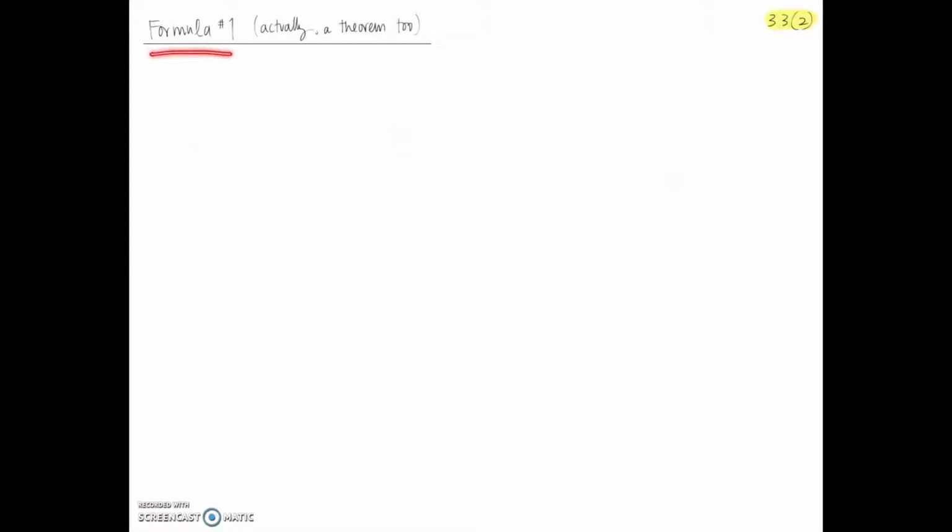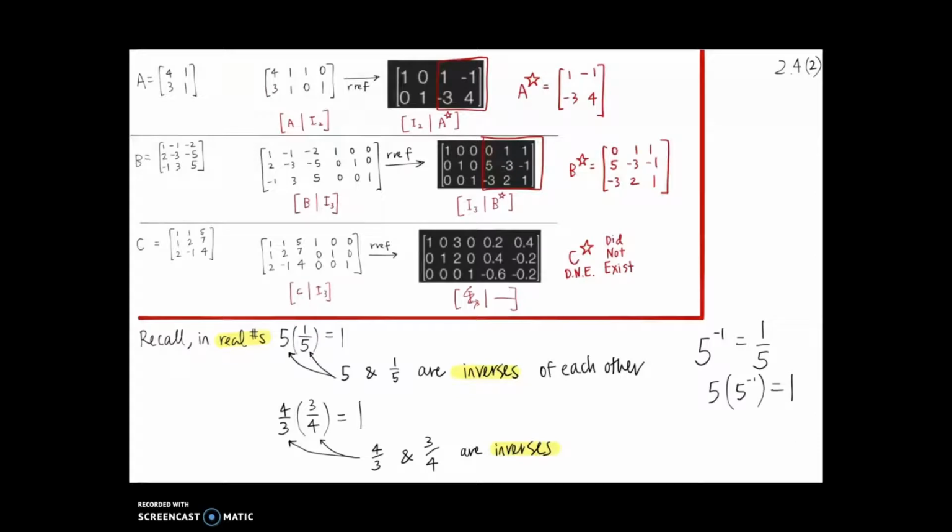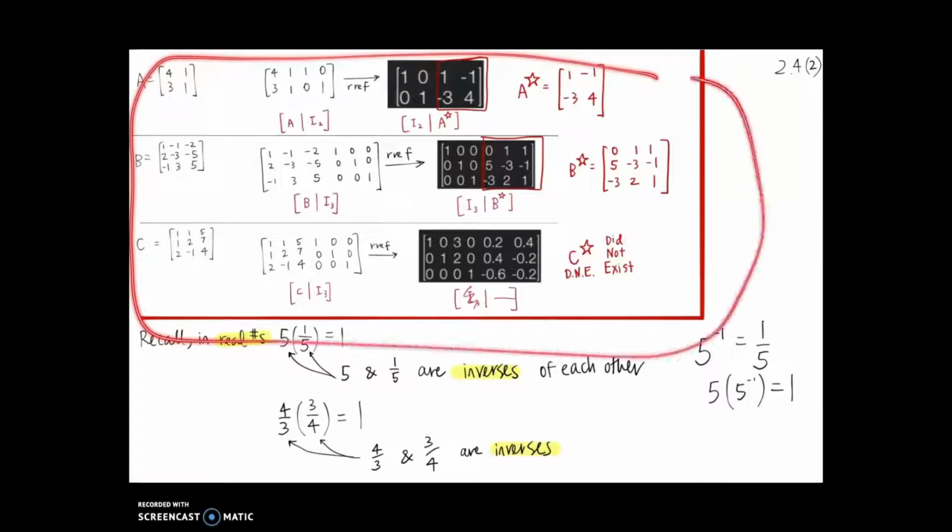So formula number one, which actually is a theorem too, so sometimes these overlap a little bit, is going to be a formula for finding A inverse. You probably remember back in section 2.4, we spent a lot of time learning how to find the inverse using reduced row echelon form. And that's a totally valid method. It is limiting in certain ways.